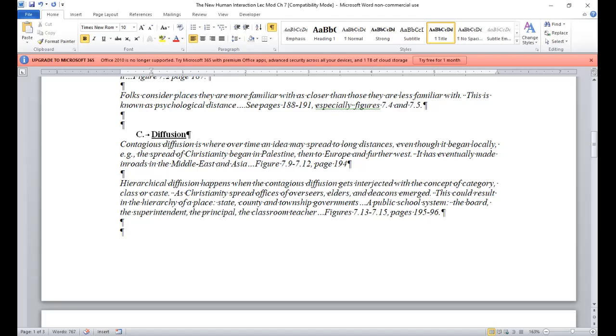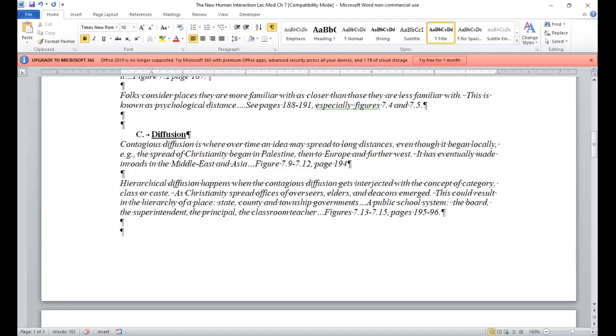That's where contagious diffusion gets interjected with the concept of a category, a class or caste, right? So as Christianity spread, you see the offices of overseers and elders and deacons emerge. Just take a look in your New Testaments. By the first century AD, the Apostle Paul in his letters is talking about these types of offices as Christianity is getting bigger.